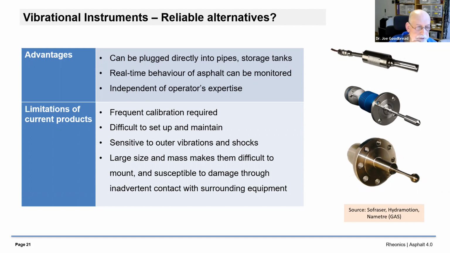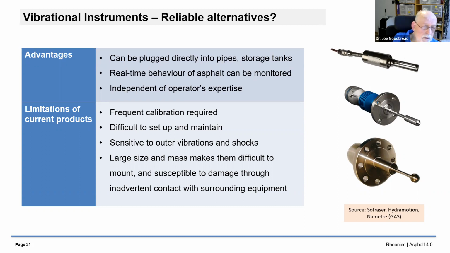So these types of instruments have the advantage of being relatively compact. They can be mounted in existing piping or tanks. They don't have to have very special fancy mounting arrangements. And they have fast response, which lets them deliver viscosity data real time, independently of the operator's measurement expertise.